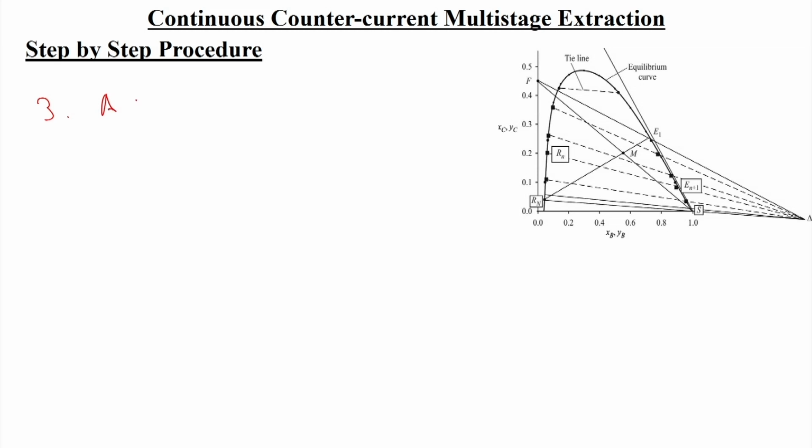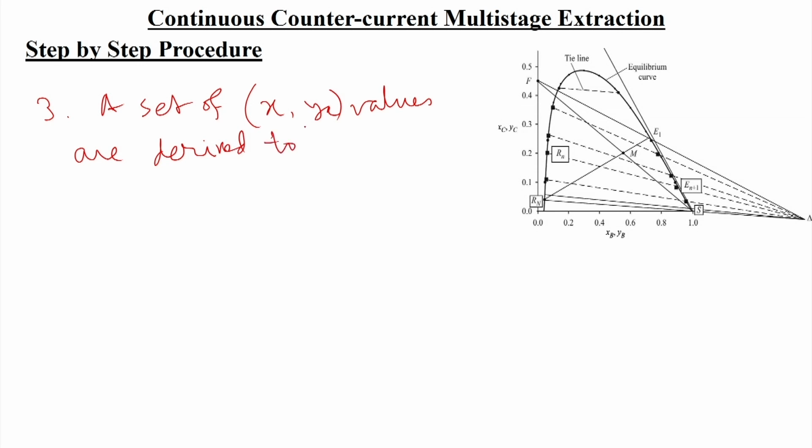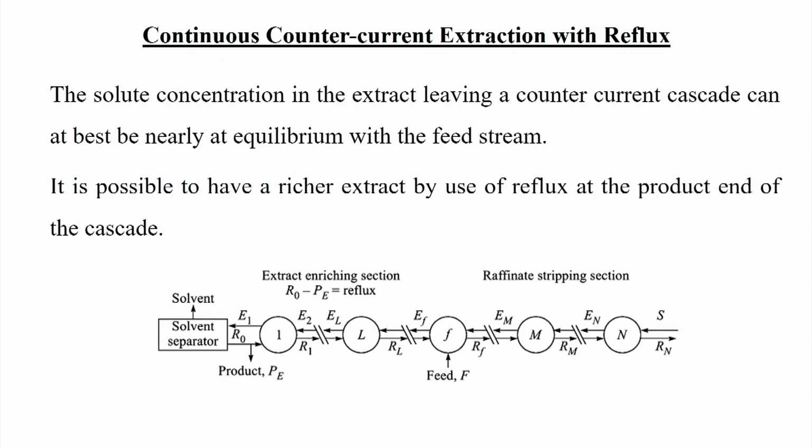Then a set of xc and yc values are derived to draw the operating line. Okay. So, that also we can do. Using this alternative technique also, we can do the counter current multistage extraction system.